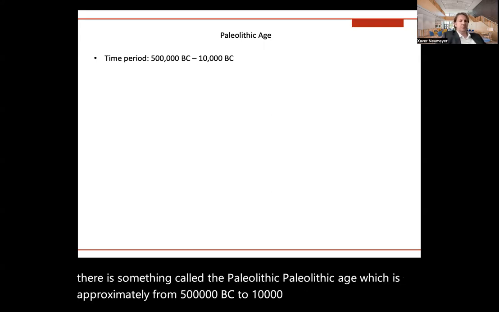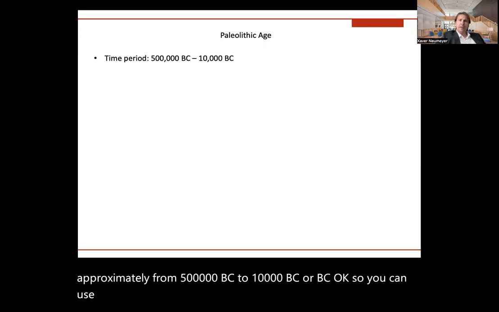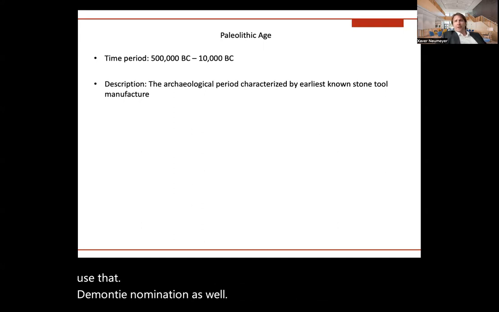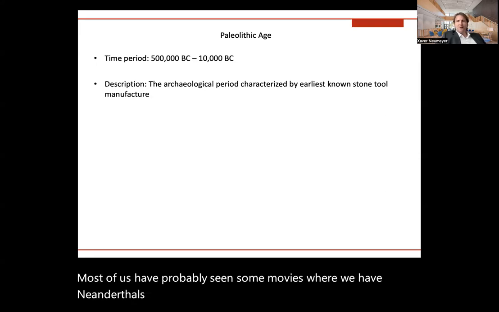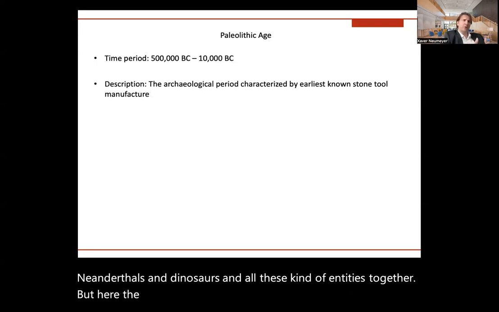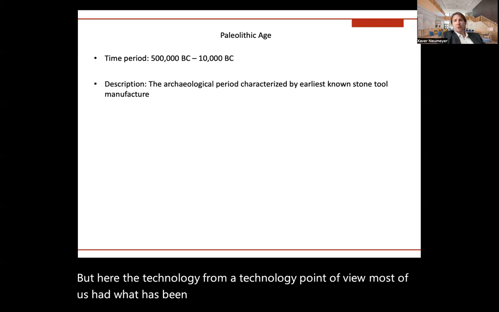You can use that denomination as well. Most of us have probably seen some movies with Neanderthals and dinosaurs and all these entities together. But from a technology point of view, what has been developed were stone tools.